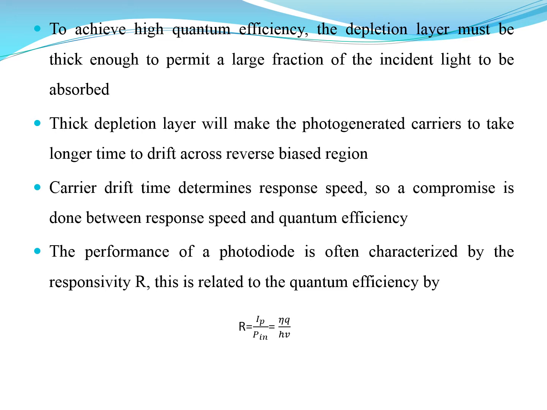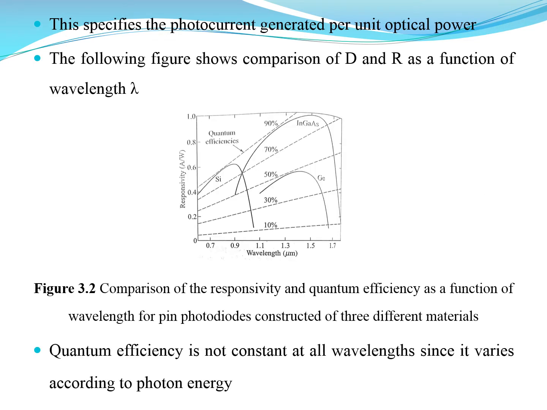The quantum efficiency is related to the responsivity by R equals IP by P_in, where IP is the photodetector current and P_in is the input power falling on the photodetector. That is equal to eta times q by hν. So this specifies the photocurrent generated per unit optical power.